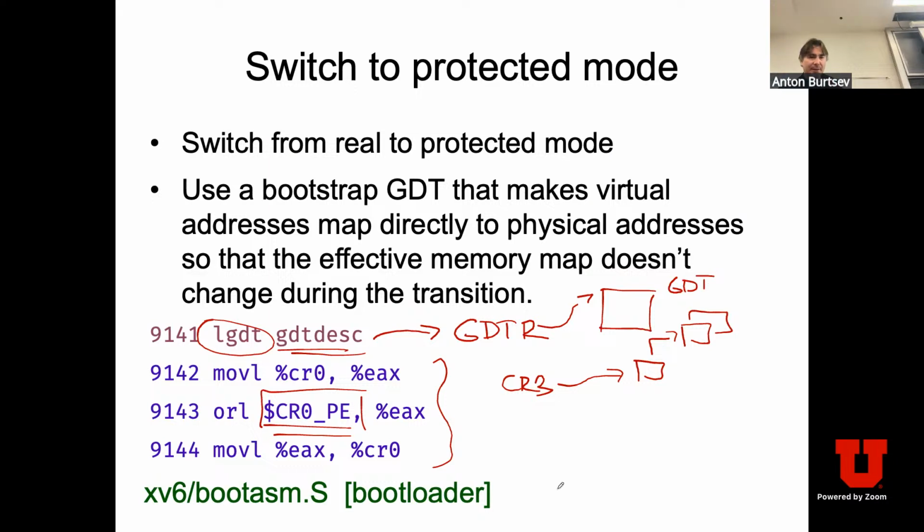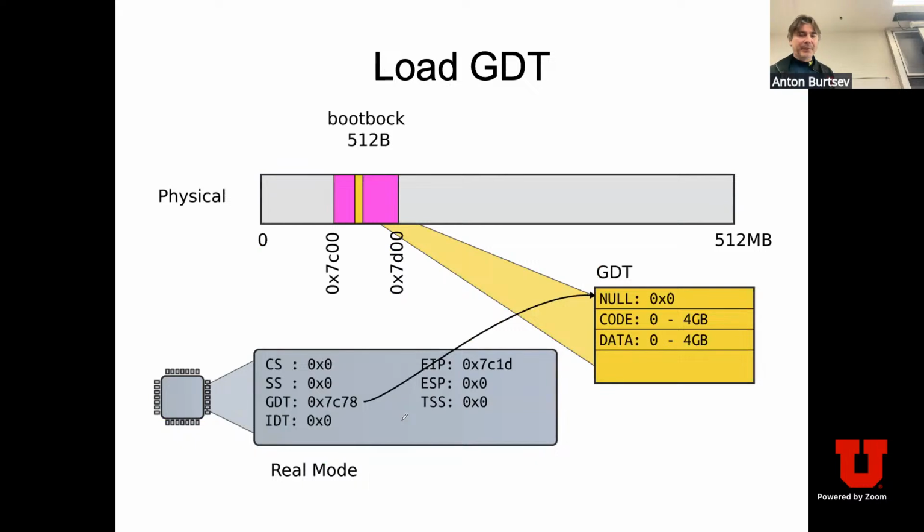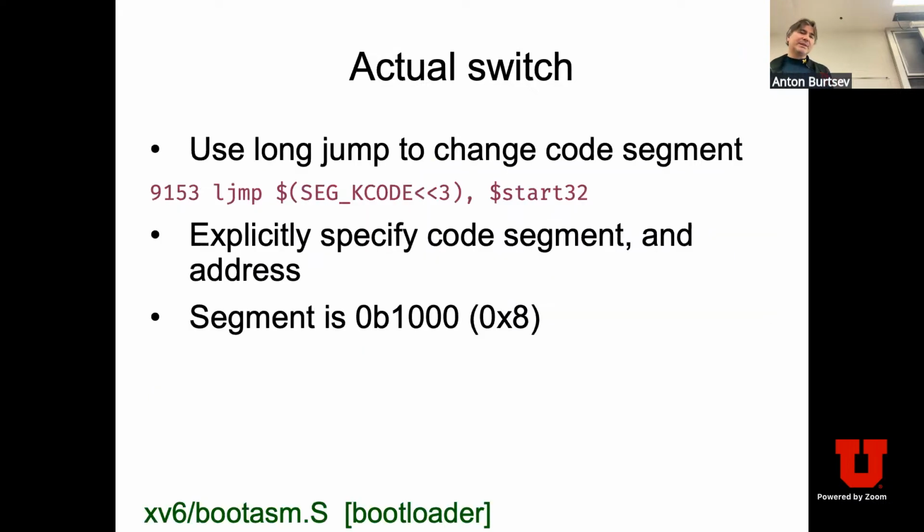And after that, we say, look, we enable long mode, and the next thing we do is we long jump, saying that we'll be running in a 32-bit mode of execution, and our code segment will be this number, right? So after that, okay, segmentation is enabled.